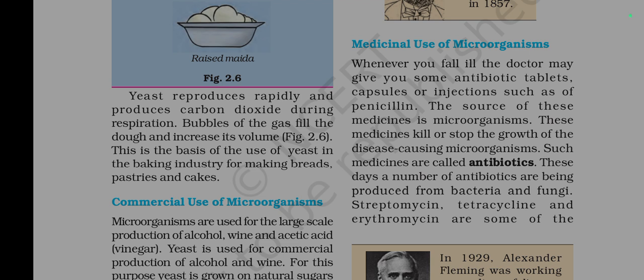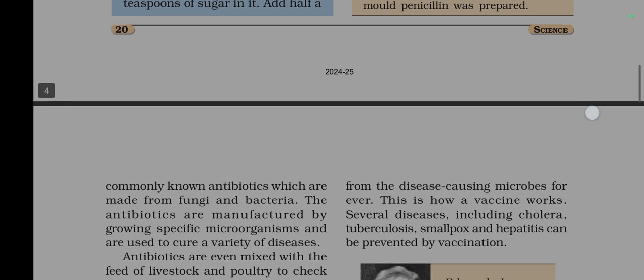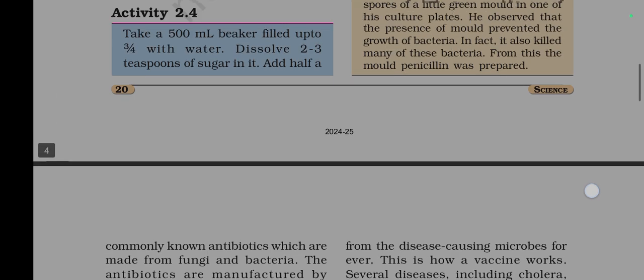Streptomycin, tetracycline, whatever way you want to pronounce it, and erythromycin are some of the commonly known antibiotics which are made from fungi and bacteria.